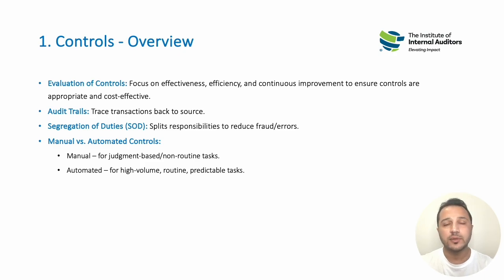In procurement, for example, the one who selects the vendor, the one who issues the PO, the one who approves the invoice payment, and the one who makes the payment are different people at different levels. So segregation of duties in its own right is a control, and it helps us to reduce fraud and errors.